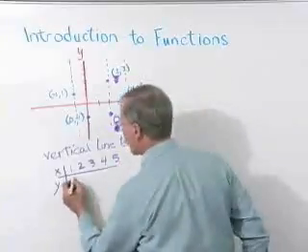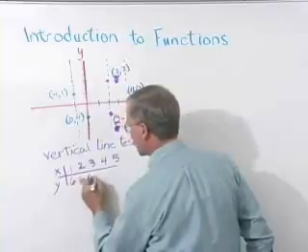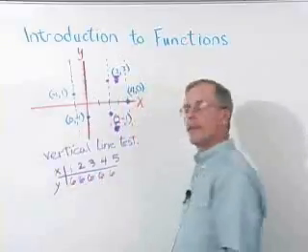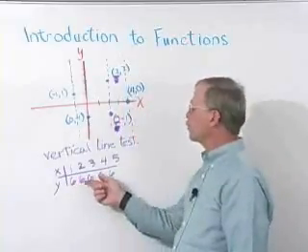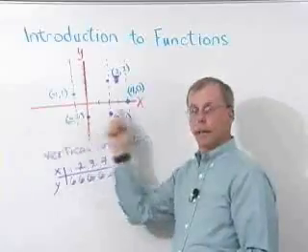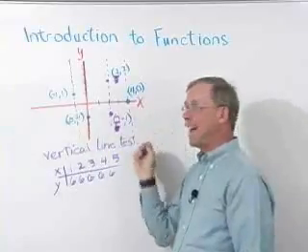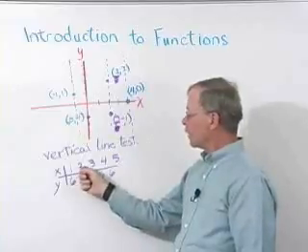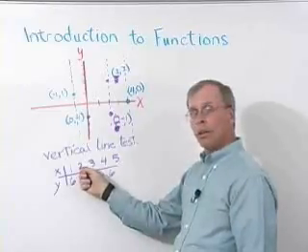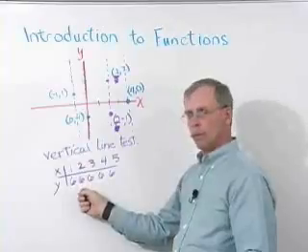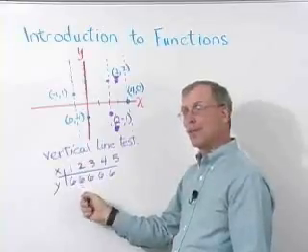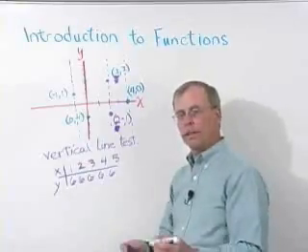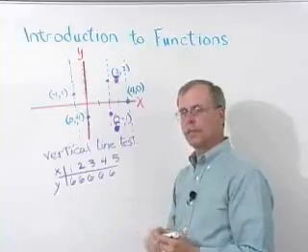So if I put 6, 6, 6, 6, 6 there, these would be a horizontal line. And a horizontal line will pass the vertical line test. So you can pair numbers with the same number over and over and over again, but you can't do that the other way around. That's the part that sometimes is a little bit confusing.